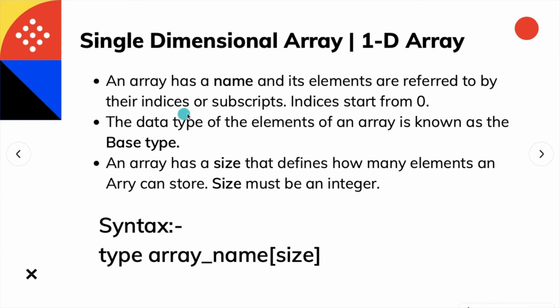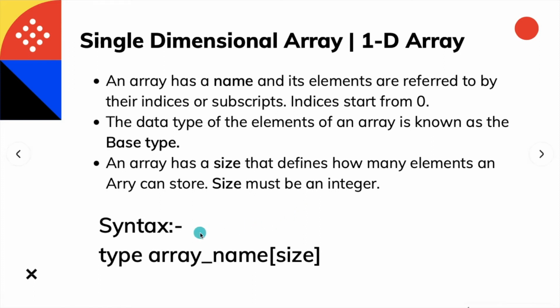The data type of the elements of an array is known as the base type, which defines which type of homogeneous elements it is storing. An array has a size that defines how many elements it can store. Size must be an integer number. Size cannot be in decimal; you cannot have half of a size.